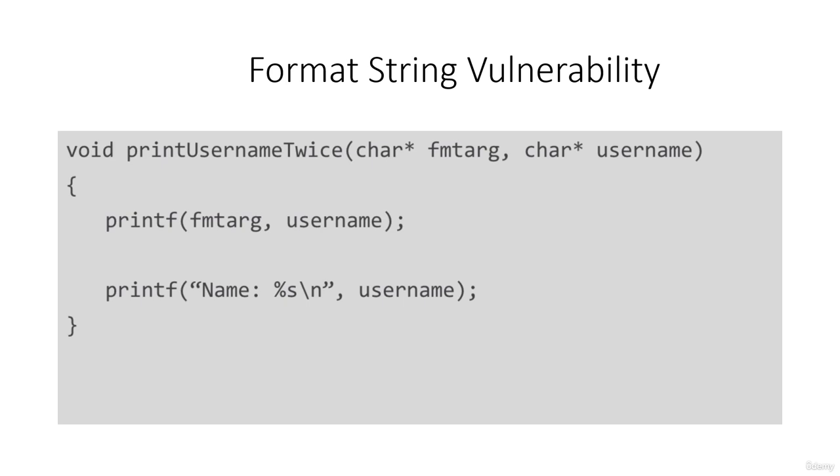So which of these two function calls is most likely to have a buffer overflow condition? Yes, the first one. This is because the format string passed to the first printf function as a parameter is not being checked.